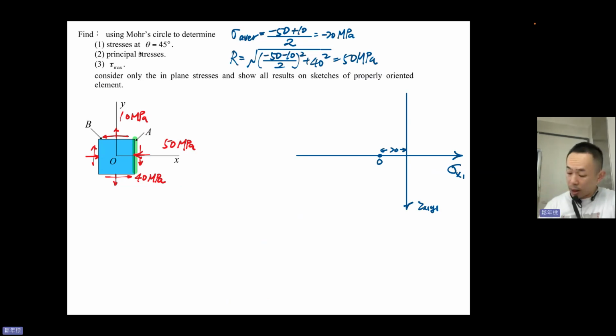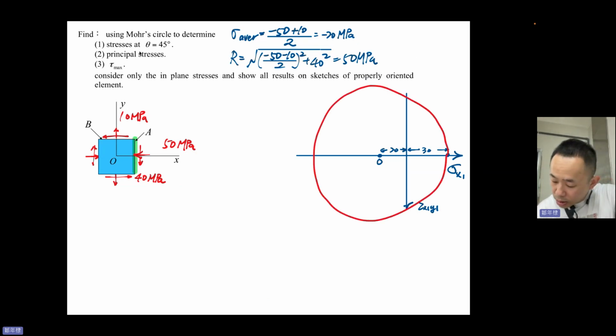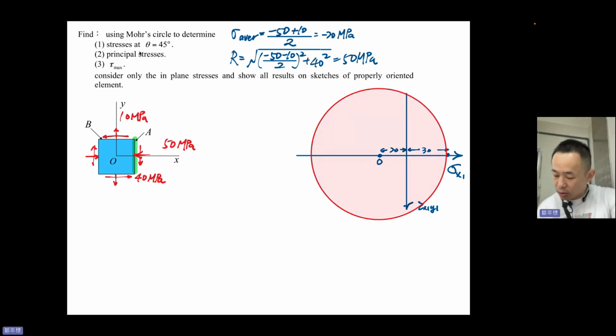O. And your R is 30. Okay, so your circle looks like this one. Oh, perfect. Okay, that's it. So you see 20, 30. Okay, so you notice that this origin is actually go to the left-hand side. Okay, it is possible, right?